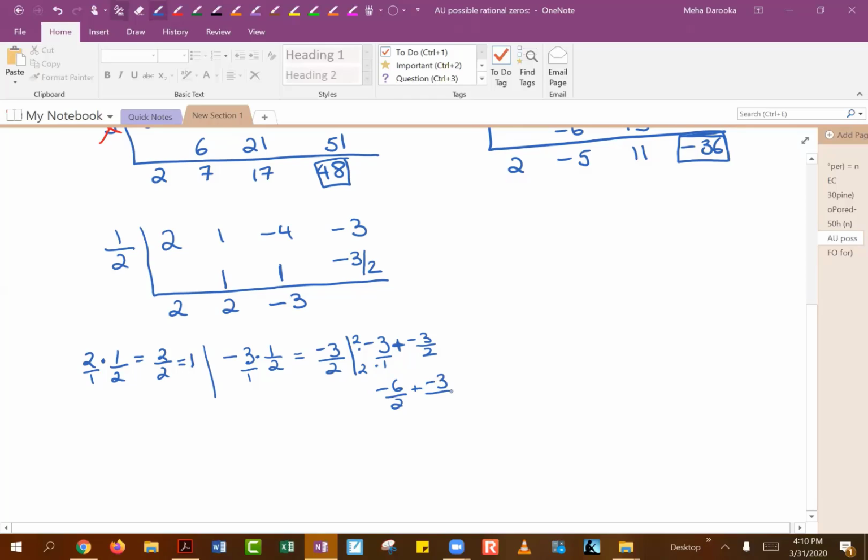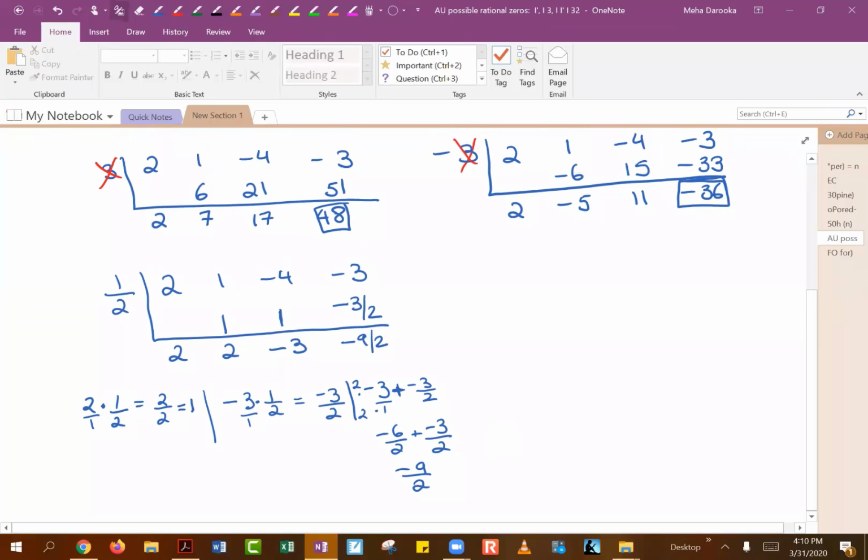And you are adding -3 over 2 with that, which would of course end up giving you -9 over 2. But basically the idea is you knew you were not getting a zero remainder. So since this is not a zero, that means +1/2 doesn't work for us.